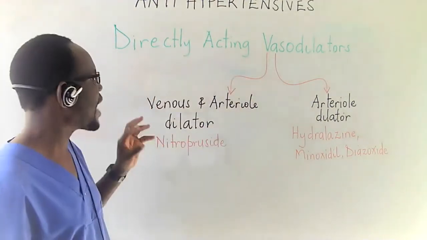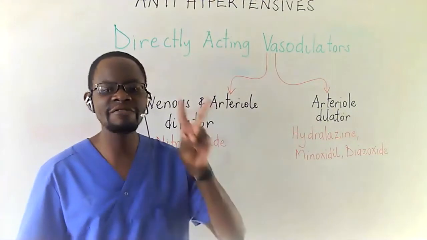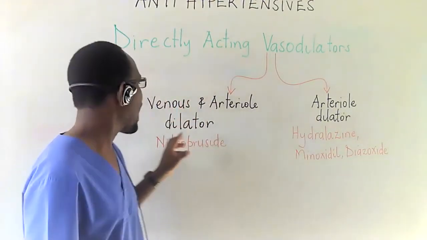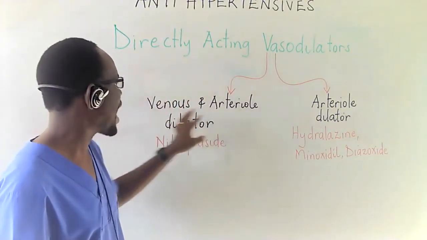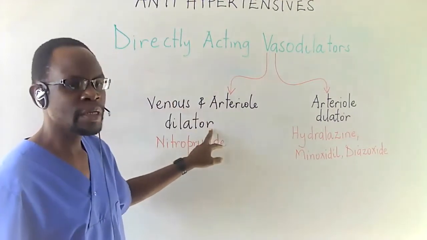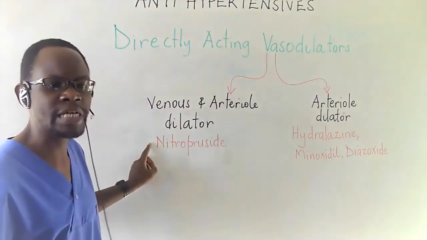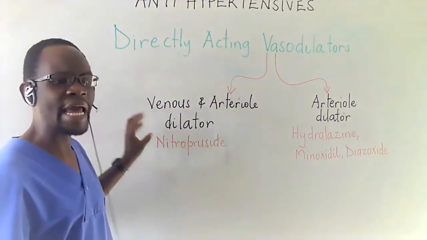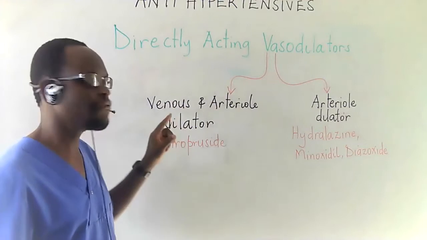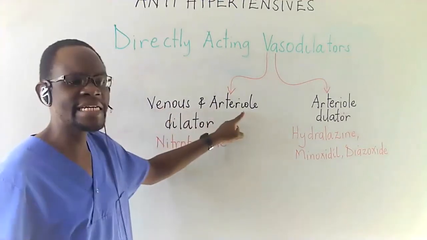These directly acting vasodilators are divided into two. We have the venous and arterial dilators. In other words, drugs like nitroprusside are able to dilate both the veins and the arterioles.